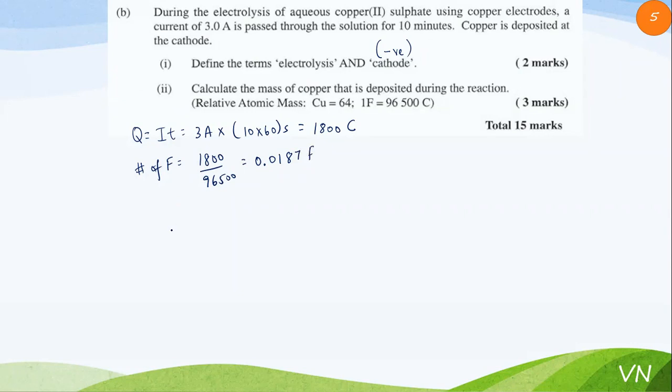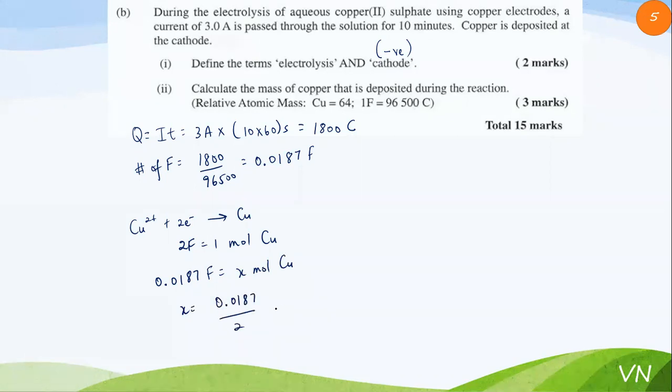So the equation again is not given, so you write the equation, but by now you should be able to do this very easily. So from this equation, we have that 2 Faradays is equal to 1 mole of copper. So therefore 0.0187 Faradays is equal to X mole copper. So X is equal to 0.0187 divided by 2.